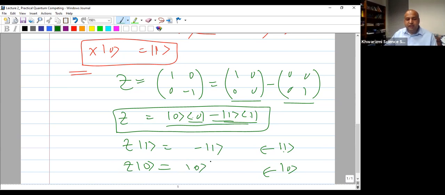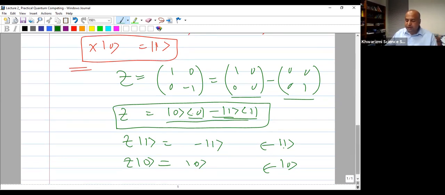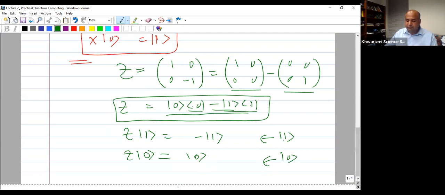So this also has a benefit that I can write this operator directly. If somebody had asked me to find a gate, in this bracket form or matrix form, that does this, that 0 goes to 0 and 1 goes to minus 1, I would have directly written this, because the term 0 into 0 guarantees that when 0 comes from the right, 0 will go to 0, because 0 into 0 would be 1 and I will be left with 0. And when 0 multiplies with this other term, 1 into 0 would be 0, so this term will not have any effect.